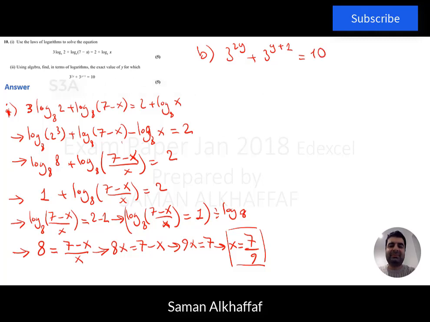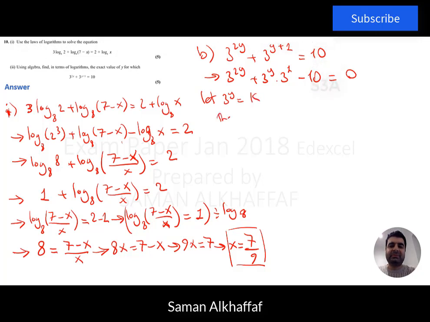So in this scenario, we will try to separate some of the parts. We have 3 to the 2y plus 3 to the y, multiplied by 3 to the power 1, where we changed the 1 to 3 to the power 1, and then we move the 10 to the left hand side, so that would be minus 10 equals 0. We can assign a variable to make it easier to work with. Let 3 to the y be equal to k.